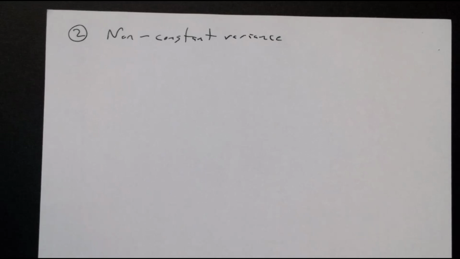A non-constant variance means that as I change from one X value to another, my variation gets bigger or smaller.